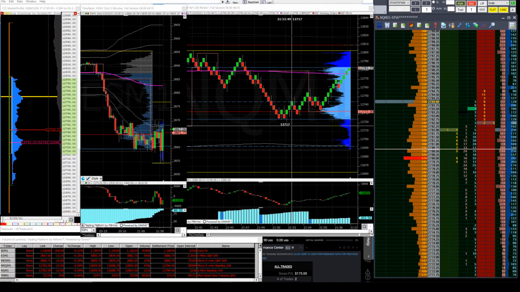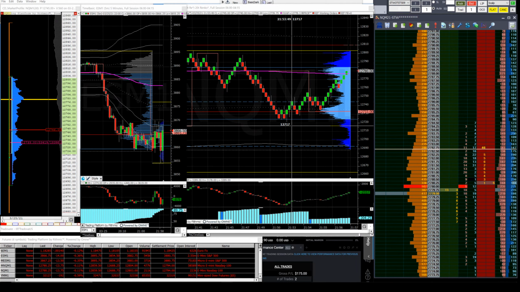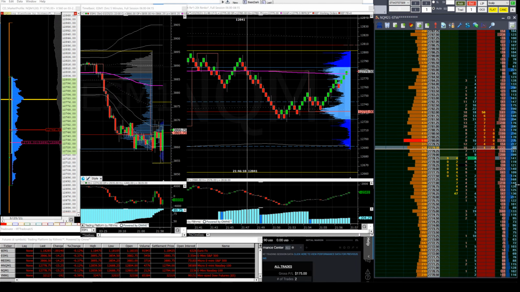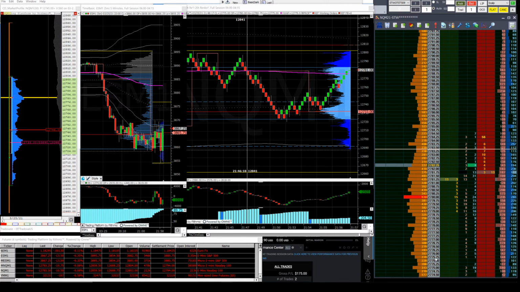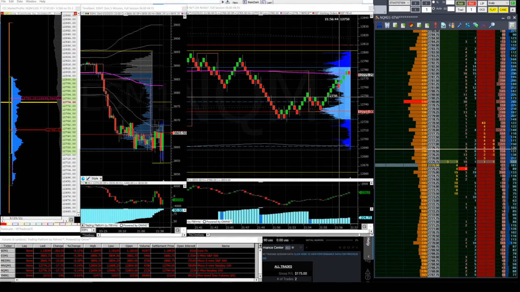And you can't trail your stop. However, you can throw in, for example, if I had a stop down here at 75 and I wanted to put another one up here, I just have to put in another order. That's all, and then it'll work out that way.